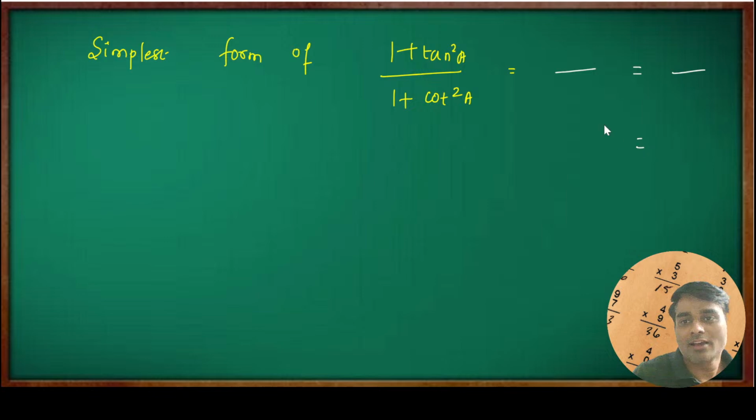Then last step you will get. So step 1, step 2, step 3 will be your answer. Tan square A. Okay. Secant square.